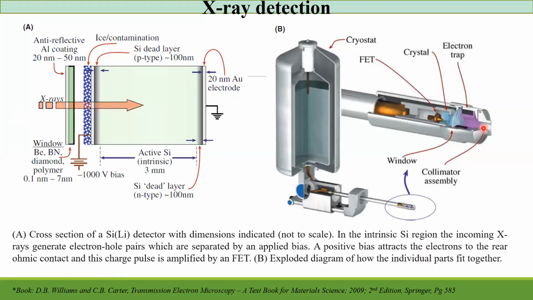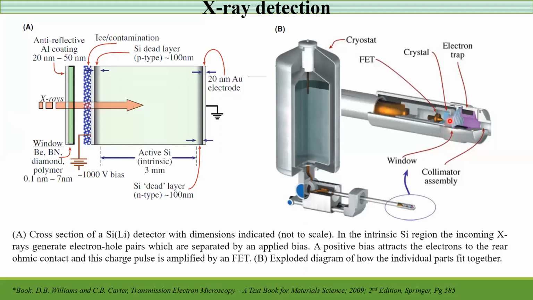So there is an electron trap. If some electrons escape from the sample surface and travel together with the X-rays, the electron trap is placed here to trap those electrons before the X-rays go to the crystal, where the interaction is possible.